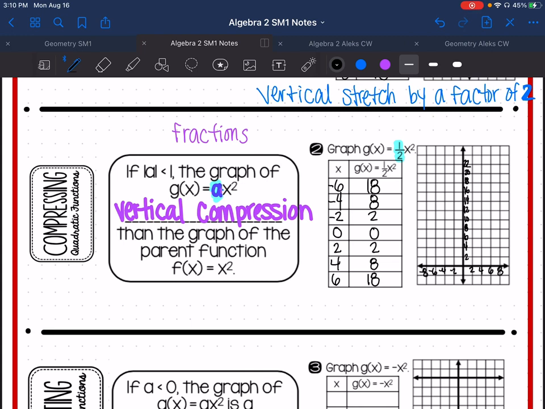That's the only reason I'm choosing to do this. So -6, +18. There we go. -4, +8. -2, +2, 0, 0. +2, 2, +4, +8, and +6, +18. There we go.